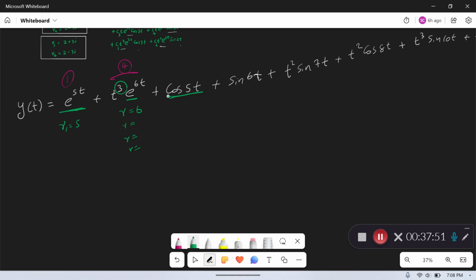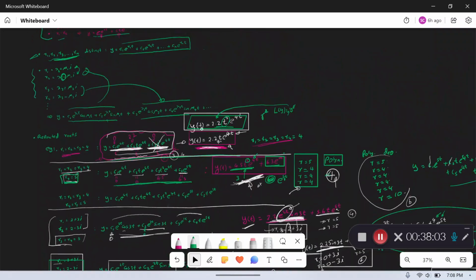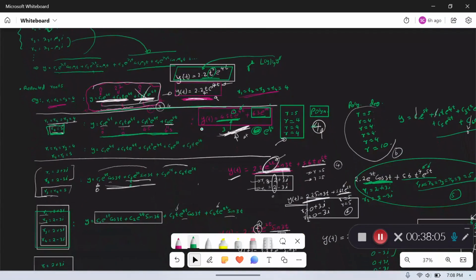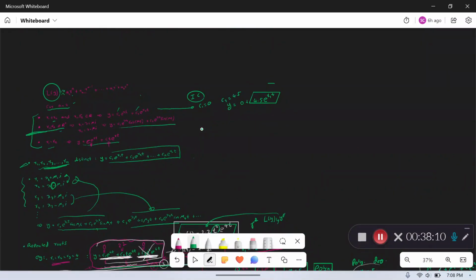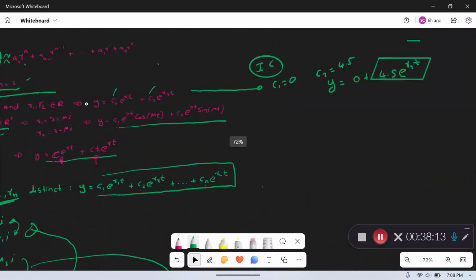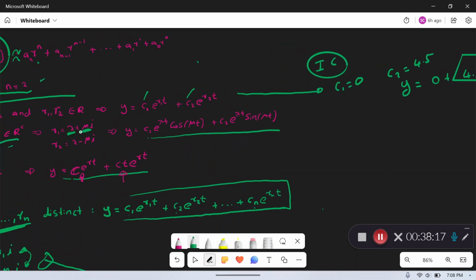And how about this? Now, you should not get confused with these two terms, okay? Because remember, when you have a complex root, you should carefully understand how these two numbers go into the trigonometric terms.